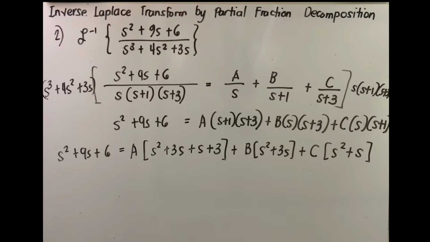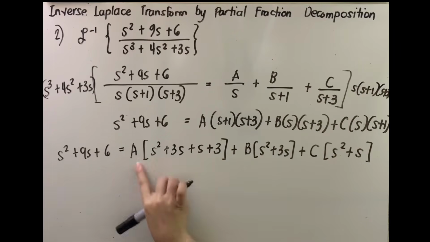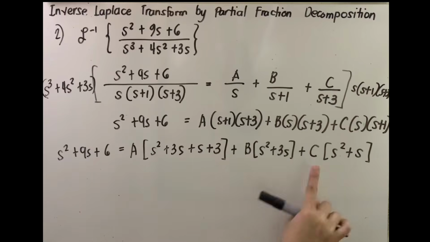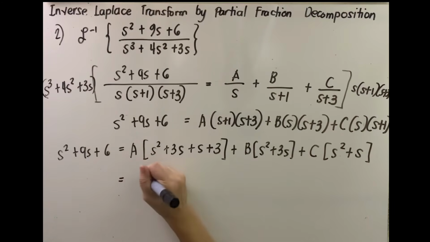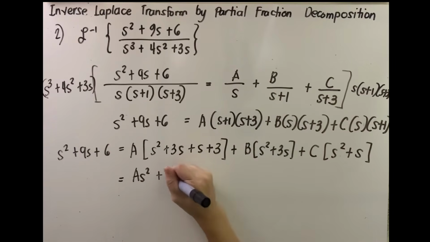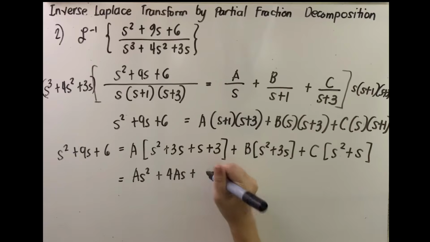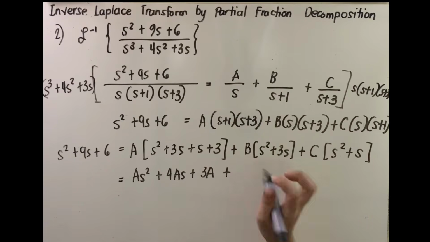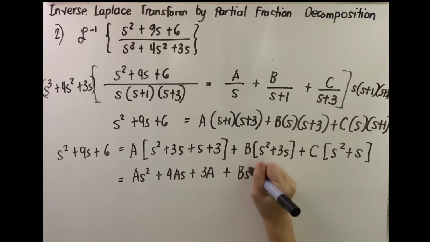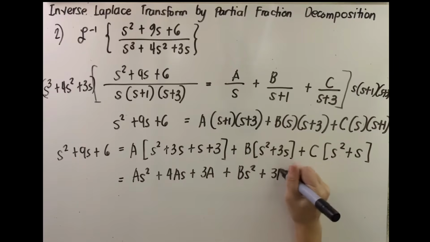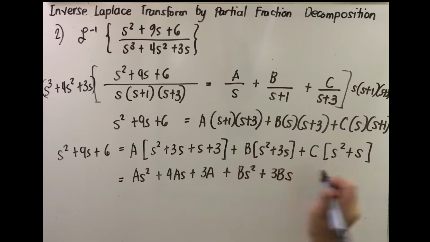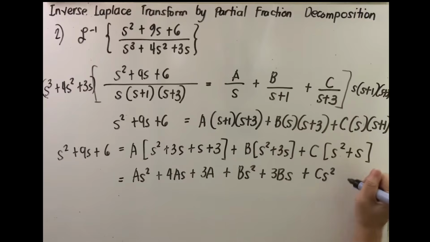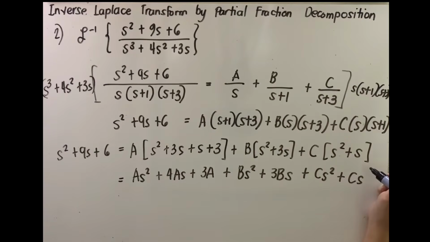After that, distribute our constants a, b, and c. So this will be as squared. Yung s natin dito is 4s times a. So you'll get 4as plus 3a plus, this is bs squared plus 3bs plus cs squared plus cs.